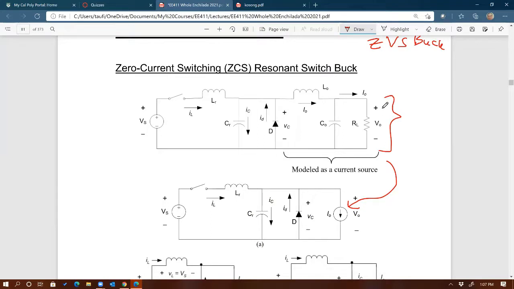So by Ohm's law, the output voltage divided by R gives you the current right there, and that current should be flat so that I can model it as a current source. Does that make sense on that assumption? Any question on that one?